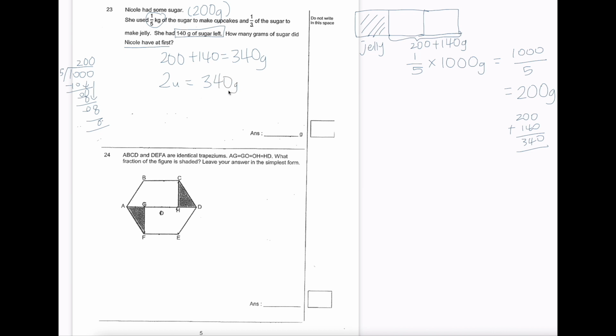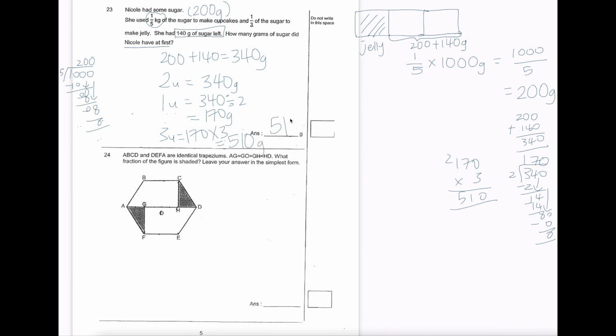Let us find out what's 1 unit first, which is 340 divided by 2, which is 170. Nicole had 3 units, so I have to take 170 multiplied by 3. I'm going to get 510 grams, and that's my answer.